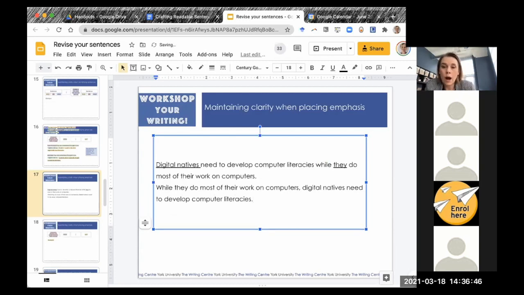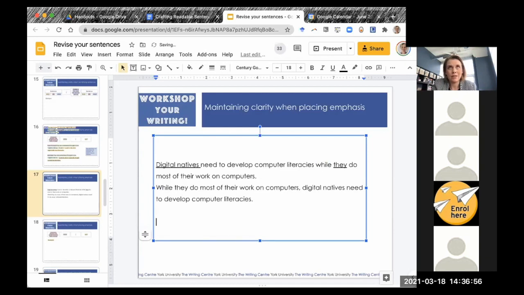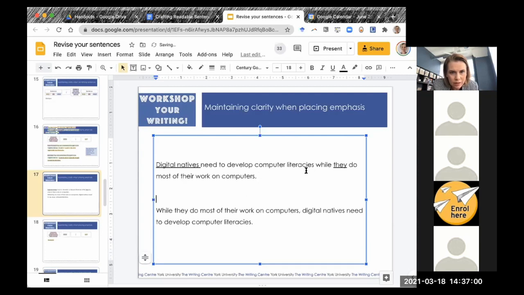If you want to use while in an addition, in an insertion phrase, like we were talking about before, then you need the comma before it, okay? So something like, coming up with sentences: digital natives need to develop computer literacies. Let's use dashes. Let's pretend these are M dashes, okay?